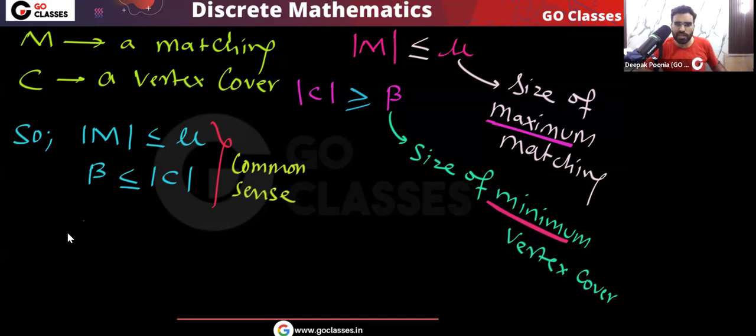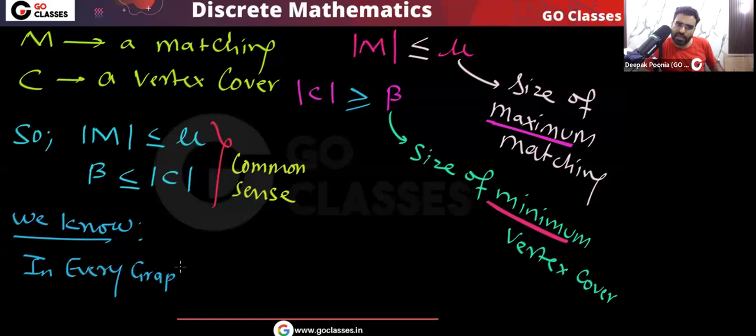Now, what relationship do we already know? In every graph, mu is less than equal to beta. This happens in every graph.